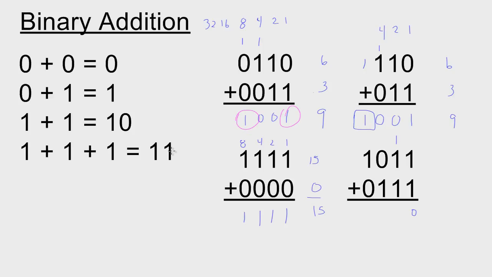And that gives us 1, 1. So we put a 1 here and carry the 1. Now on this side we have 2 1s, 1 and 1. So we put a 0, carry the 1. And the same thing again, we have 2 1s, 0, carry the 1. And the 1 just comes down because we have nothing to add it with.